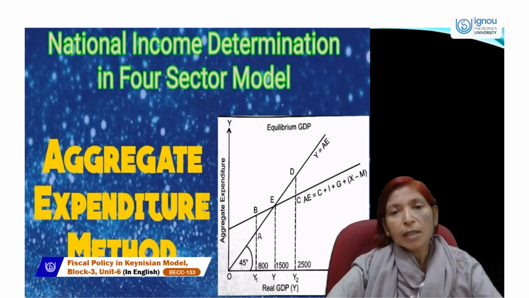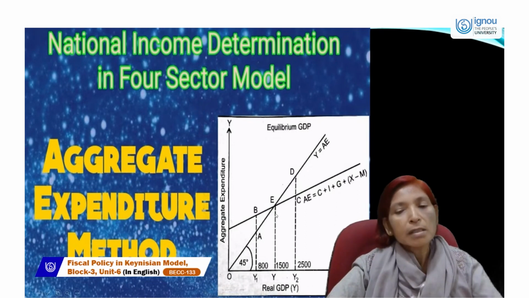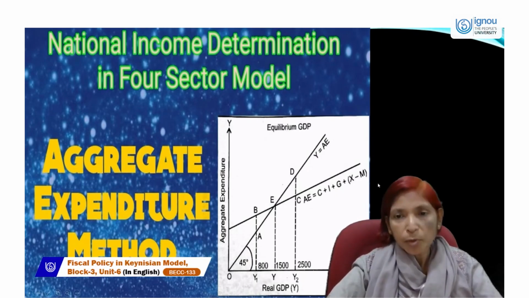So the Y equals AE line will always be a 45-degree line, and another line starts from the y-axis, not from the origin. It is showing the aggregate demand line, and the aggregate demand curve can never start from the origin, can never be zero, because consumption can never be zero. And these are the components of aggregate demand: C, I, G, and net export.